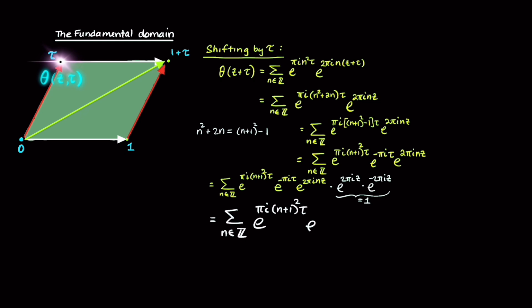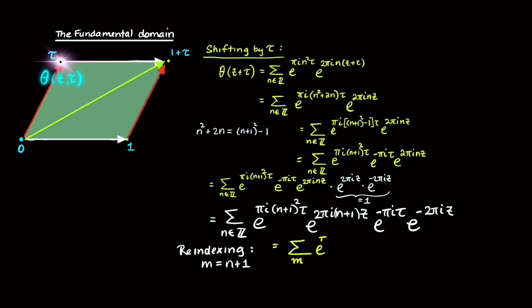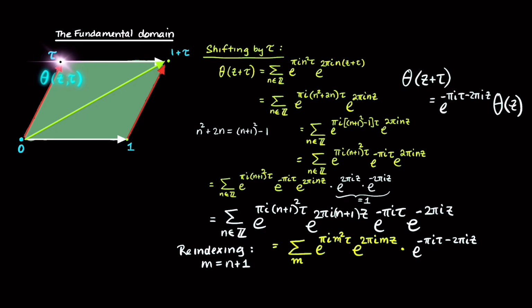So you see, once we shift the theta function by the complex value of tau, and do a little reindexing of our sum, we will find that this particular shift is almost periodic, making it quasi-periodic.